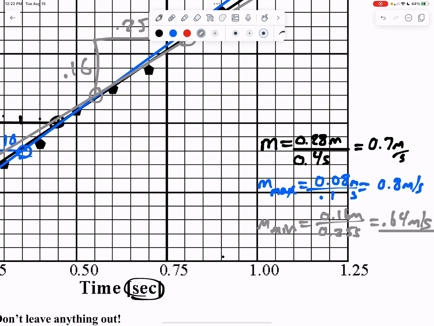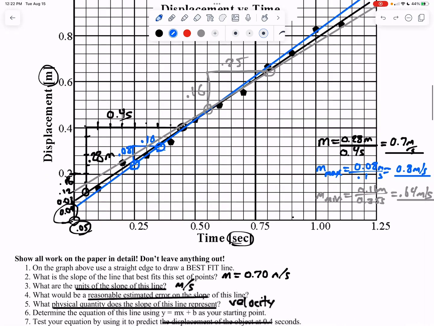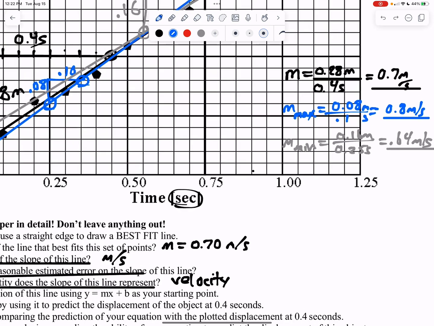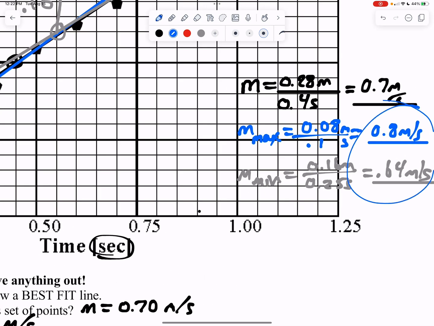So those are my best fit slope, which is basically my average velocity. It's the average of your data points, but a graphical average. My max slope, based on the maximum possible error, and my min slope, based on the minimum possible error. Now, your estimated error is basically half the difference of those two.